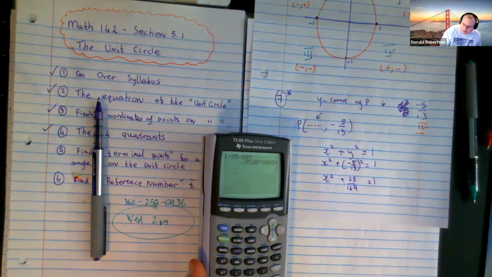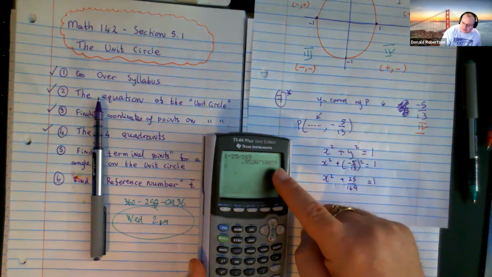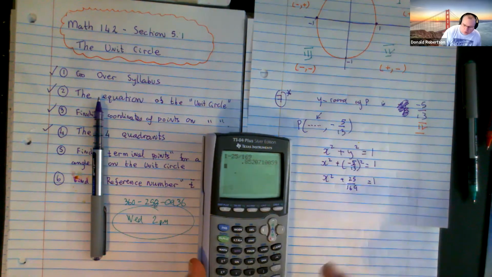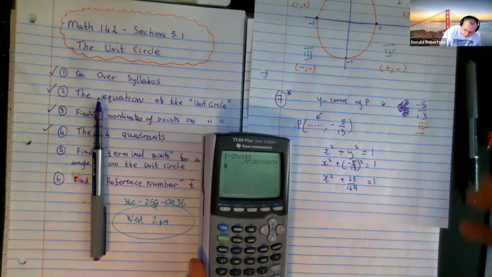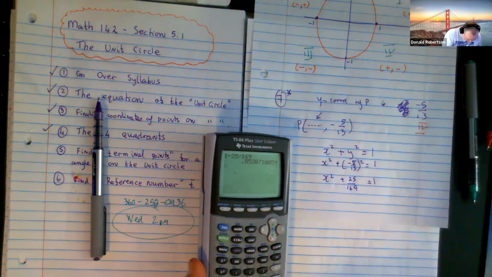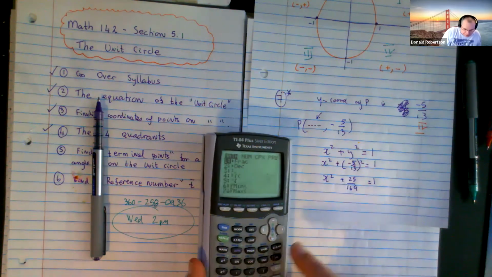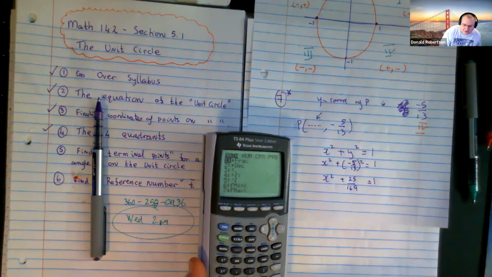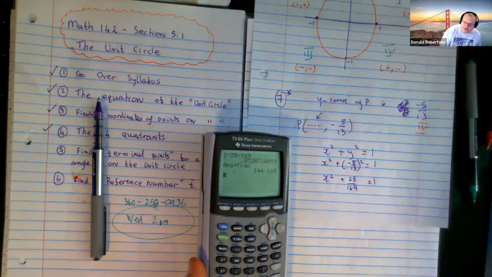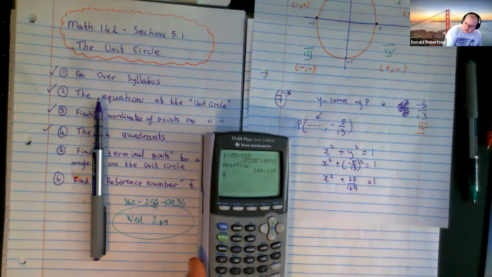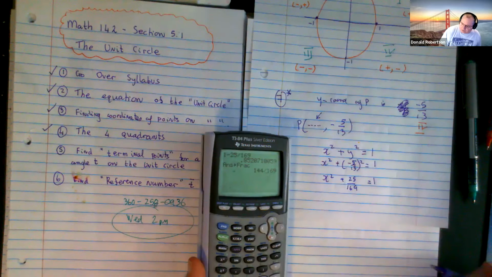You are not allowed to use that as your answer or even part of your working. That's not the guy we want. We want exact values. So just hit the math button and choose number 1. Basically, take your answer and make it a fraction. And now, you see that? 144/169. So actually, fractions are pretty easy if you let the TI-84 do the hard work.